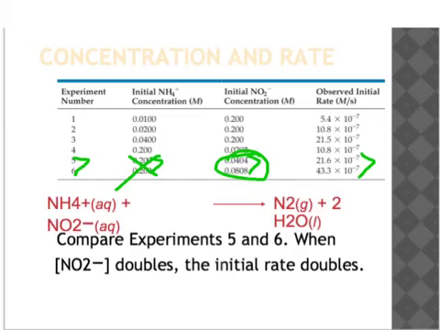And looking at what happens when we manipulate the concentrations of either reactant to the rate will give us an indication of what's proceeding in terms of the components of the actual chemical process.